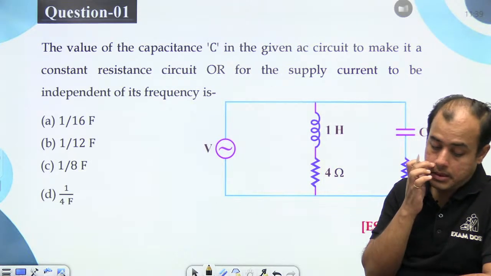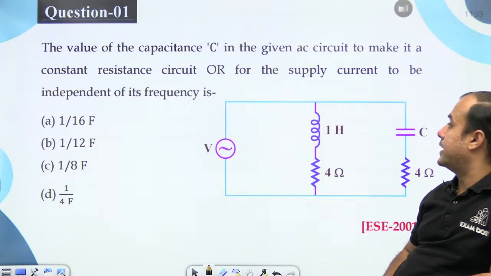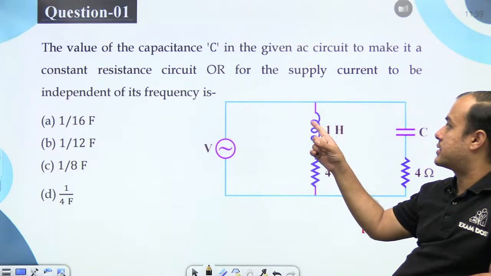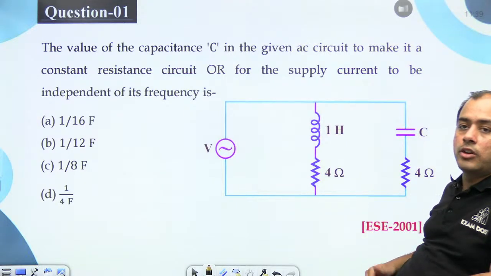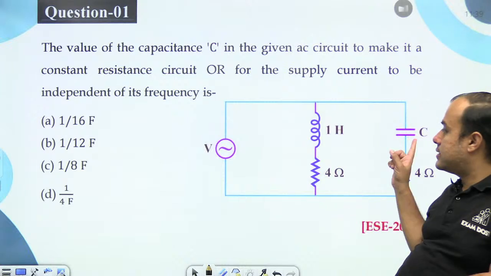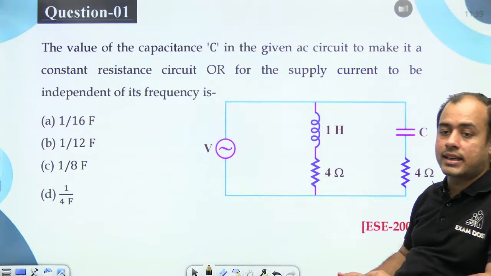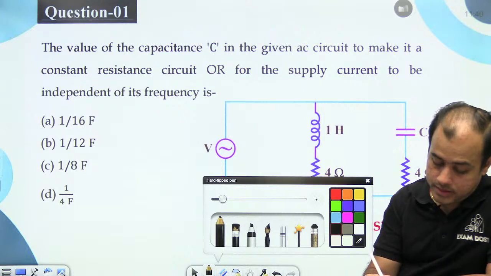The capacitance C of the given AC circuit to make it a constant resistance, or for the supply circuit to be independent of frequency. ESE 2001. What is the value of C for the circuit to be independent of frequency?